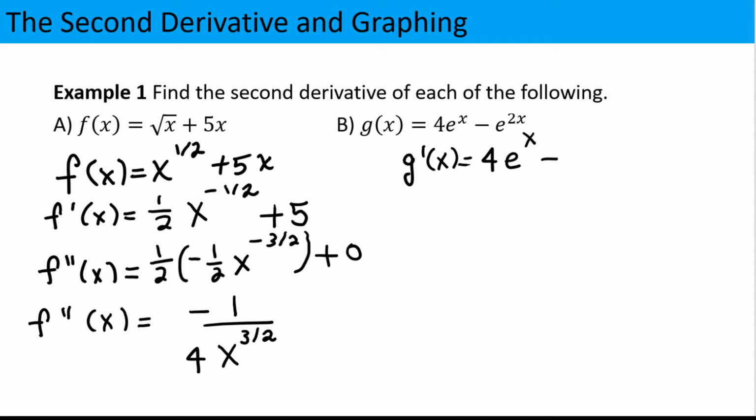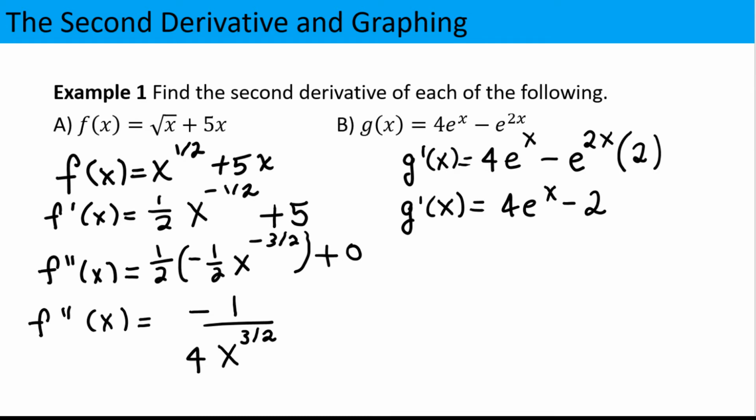Minus, now we need to take the derivative of e to the 2x, which requires us to use the chain rule. So we have e to the 2x, and the derivative of the power 2x is 2. We clean this up, so we get g prime of x is equal to 4e to the x minus 2 times e to the power of 2x.